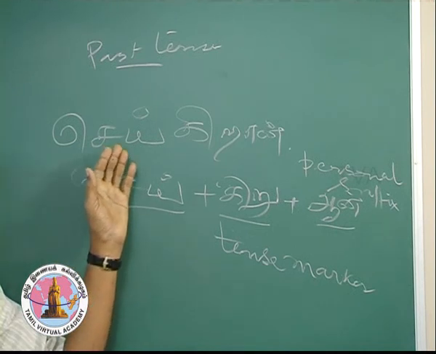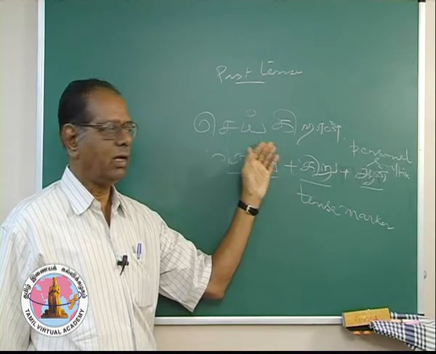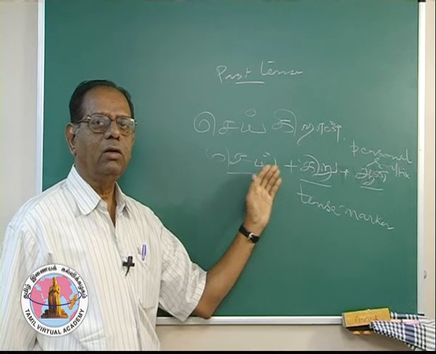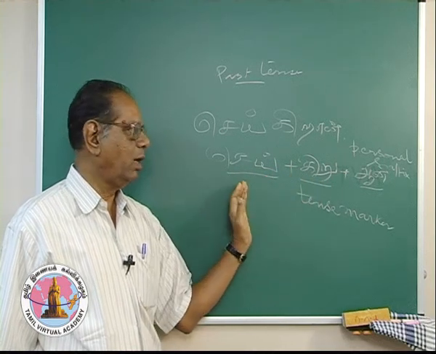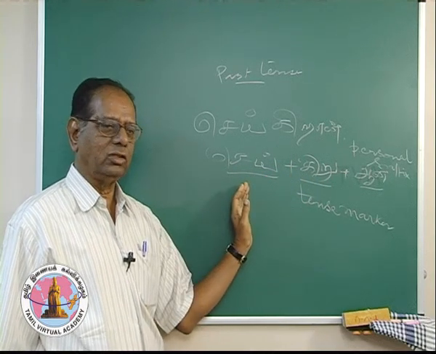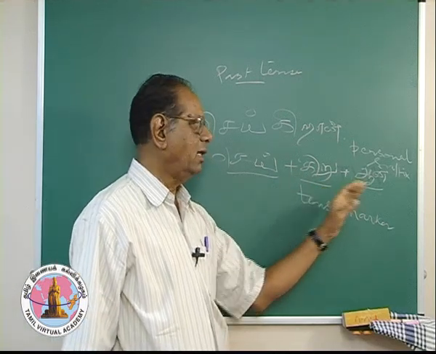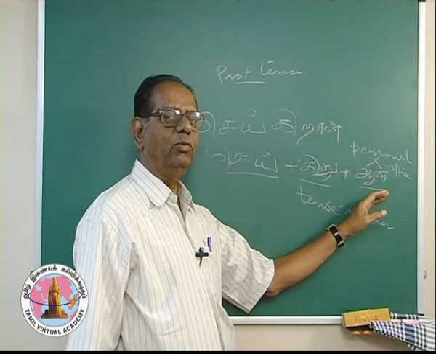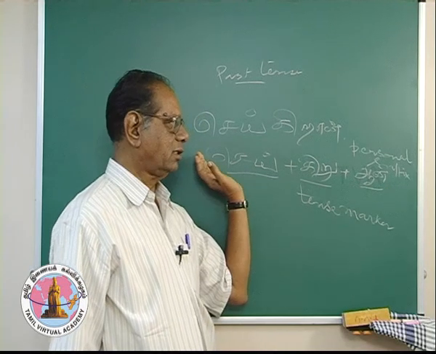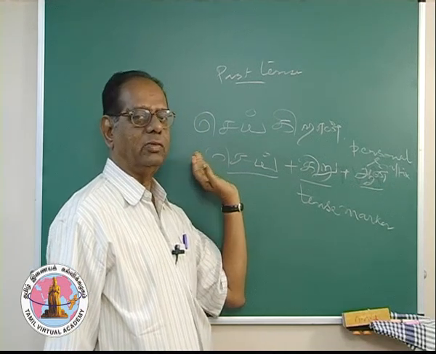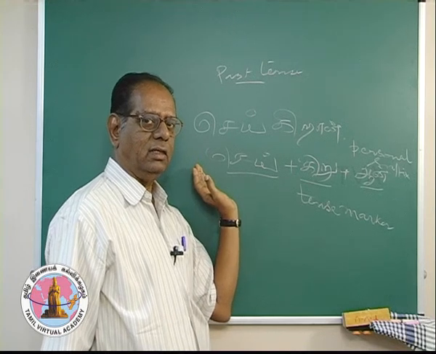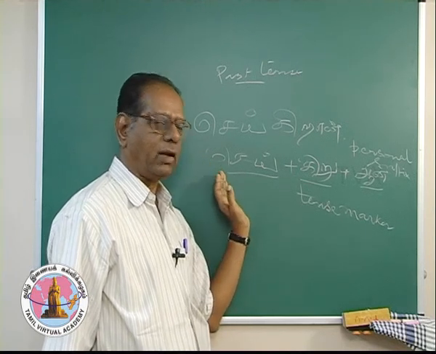So, a complete verb, a finite verb will have three components. One indicating the action, the second representing the tense, and the third giving you particulars about the subject, whether it is first person, second person or third person, masculine or feminine or neuter.